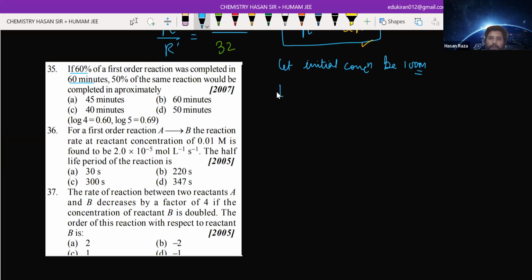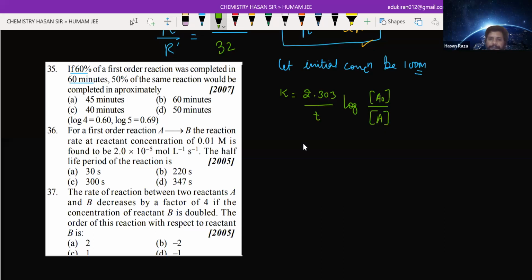Since it is a first order reaction, I'm directly going to apply the formula. K is equal to, if you remember, 2.303 upon t, log of A naught, the initial concentration, divided by the final concentration.